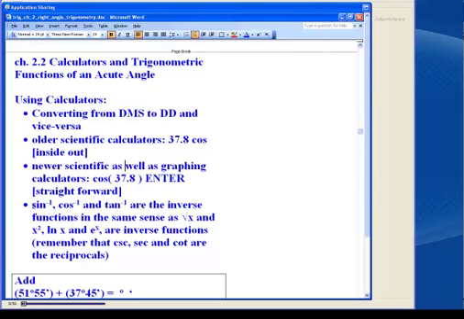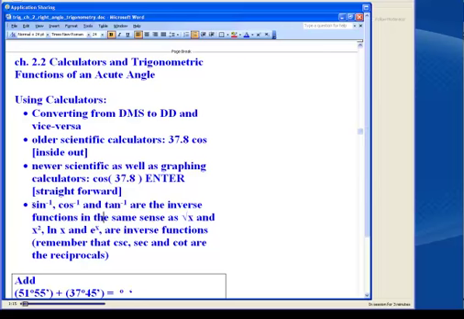And then finally, we're going to look at inverse functions. The inverse sine, inverse cosine, and inverse tangent are inverse functions in the same sense as the square root of x and x squared, the inverse functions of each other, and the natural log of x and e to the x are inverse functions of each other.